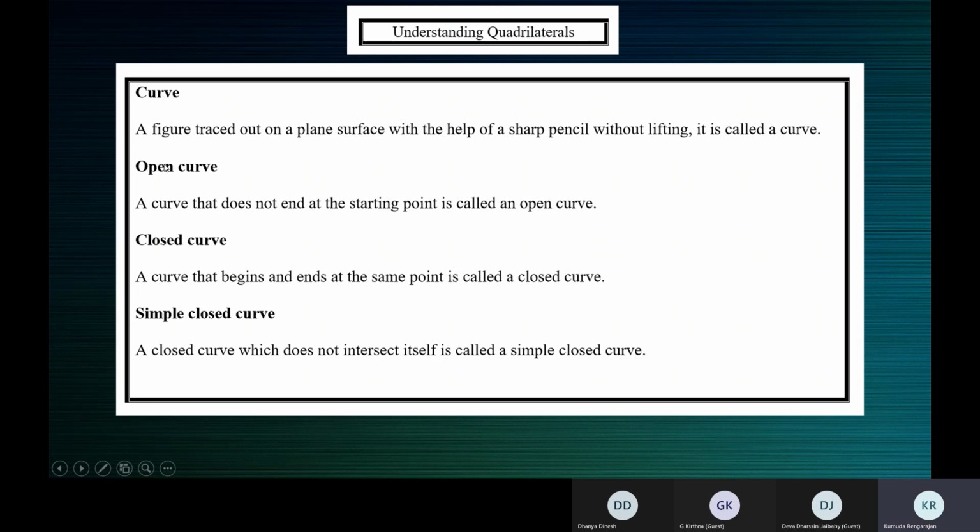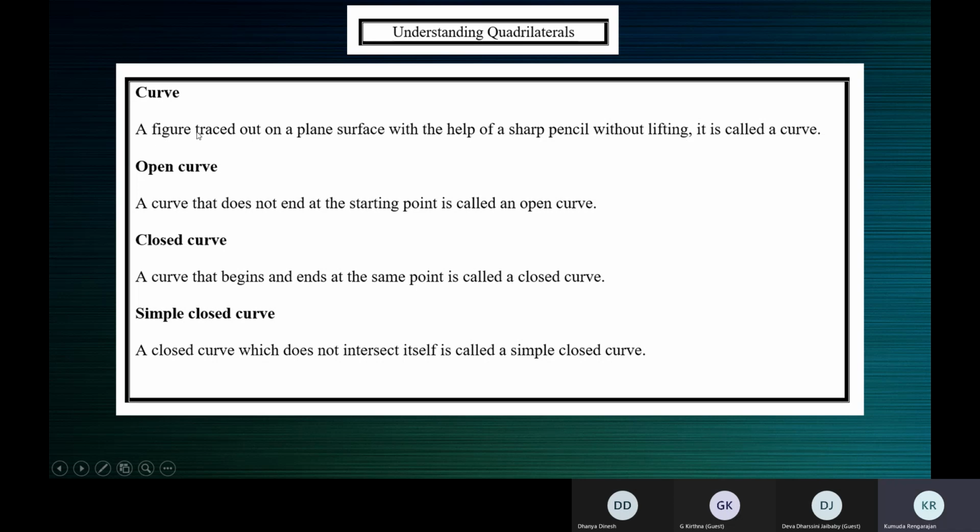And this closed curve can also be a simple closed curve. Am I audible, children? Yes, ma'am. All right. Now, what is a curve?